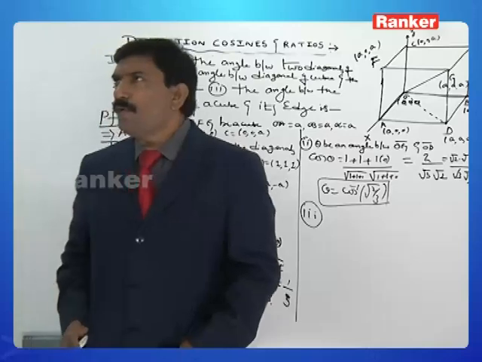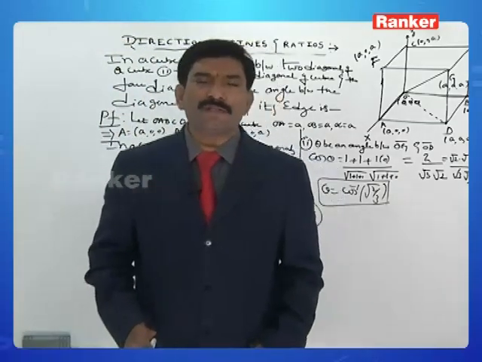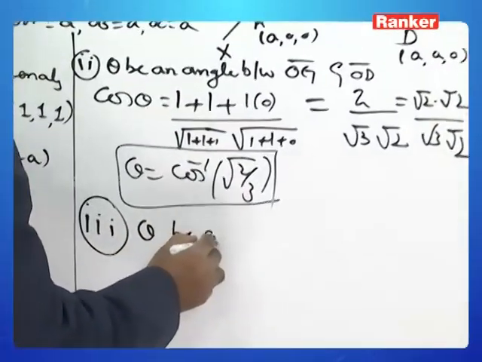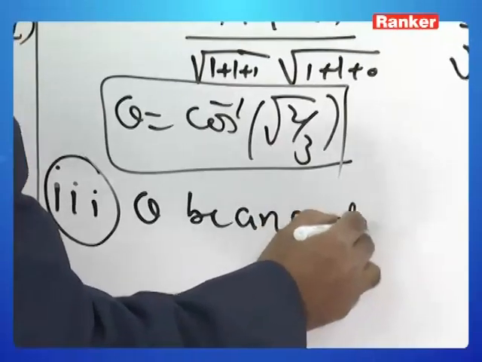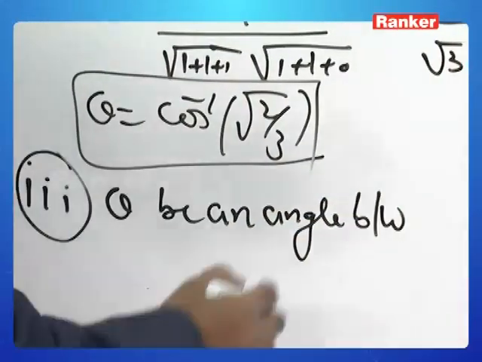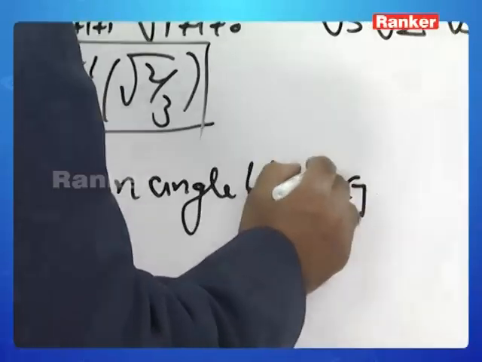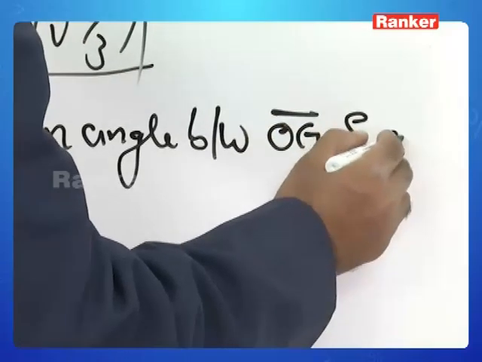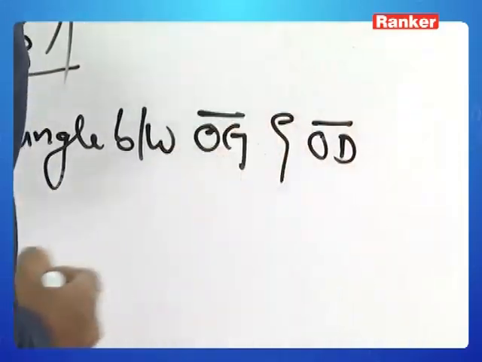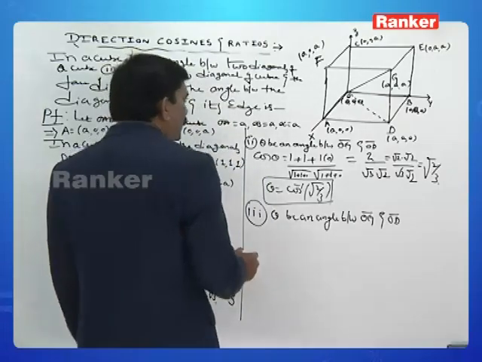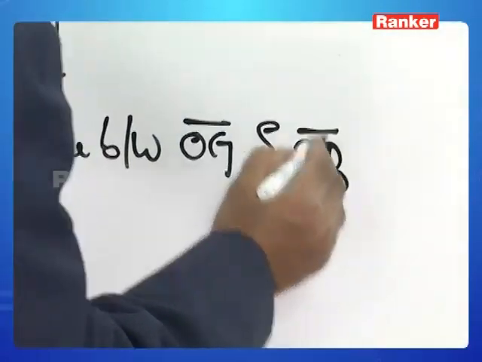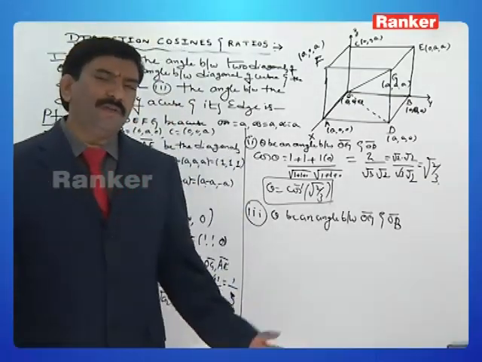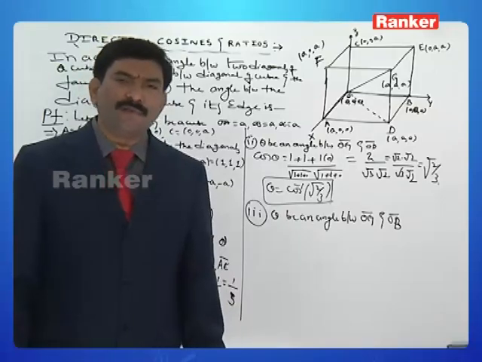So therefore, let us take theta to be the angle between OZ bar and OD bar. Okay, this is OD bar, that is OB bar. Let us take OB bar. OB bar is one edge. You can take OA, you can take OC also, but OB is convenient for us to see in the figure.